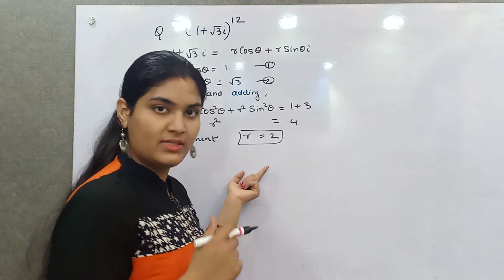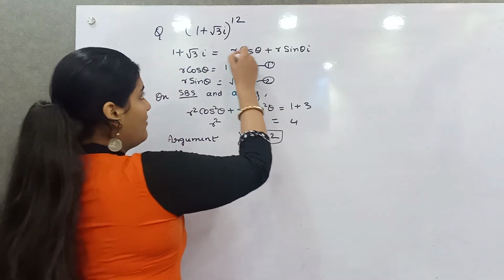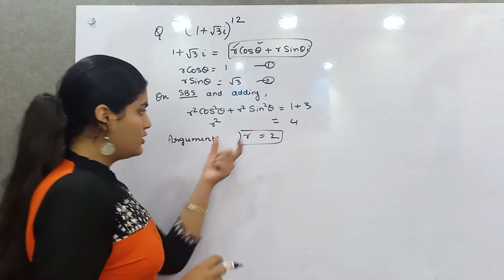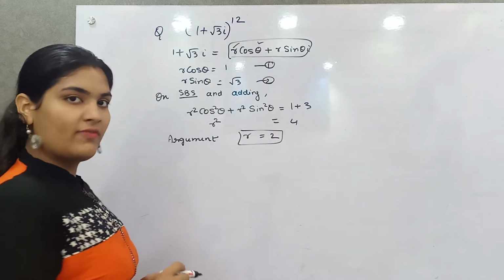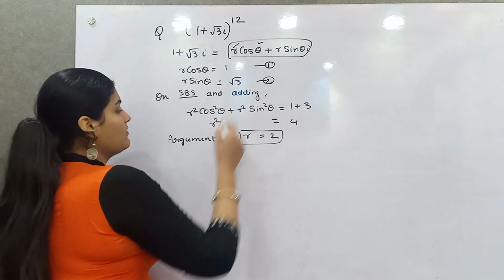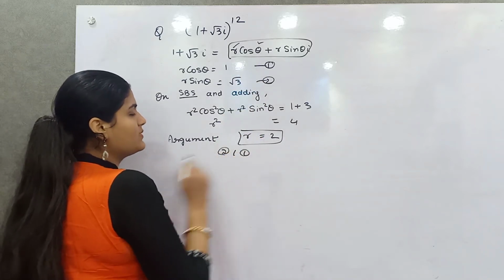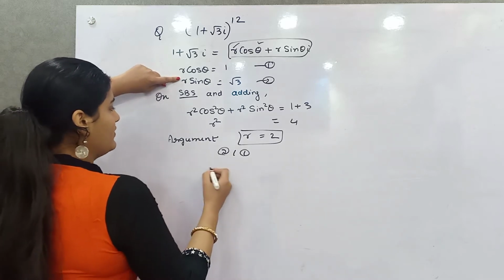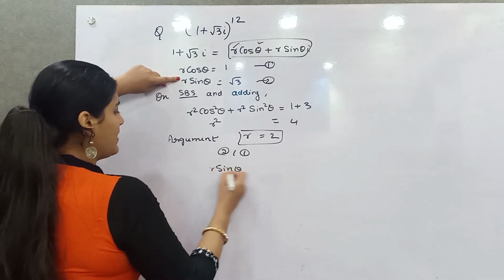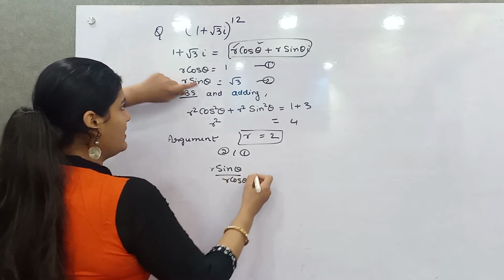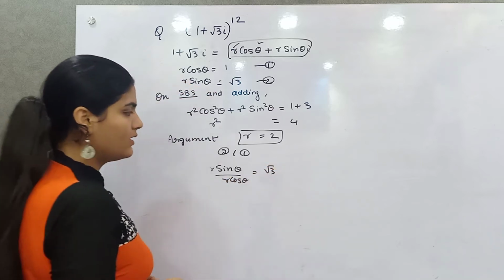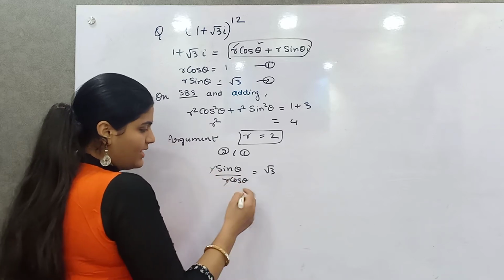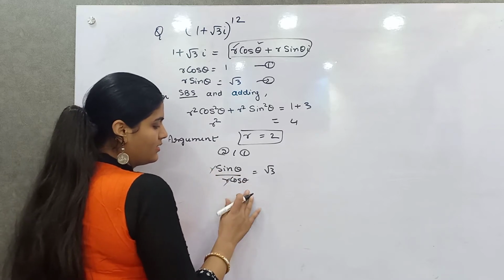Now this is your amplitude. Now you have to find theta as well, because you need r and theta for the polar form. So r is here. How can we find theta? If you divide second by first, r sin theta by r cos theta, it will be root 3 by 1. R is cancelled by r, and sine by cos is tan theta.